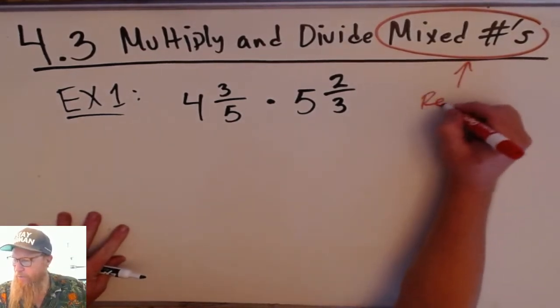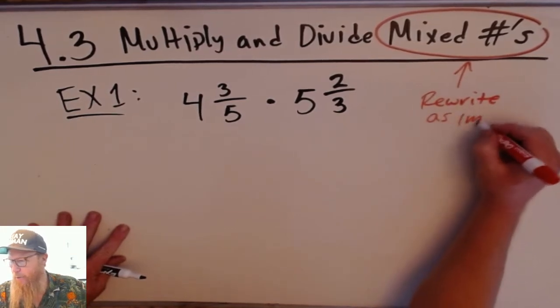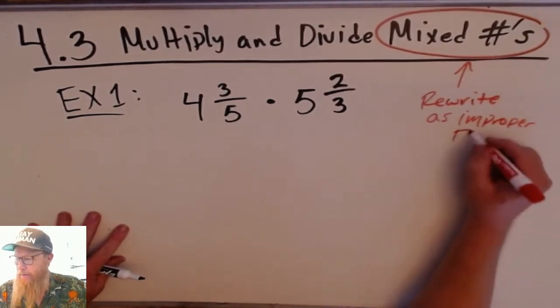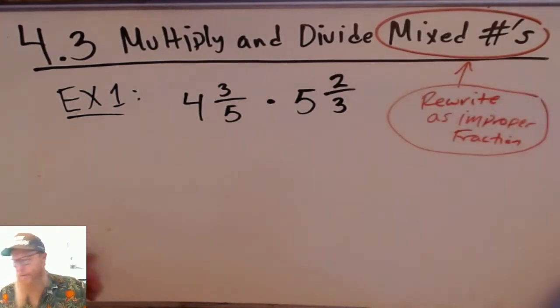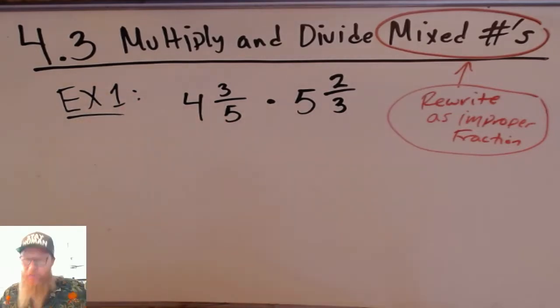You're always going to rewrite as an improper fraction. If you actually try to multiply these, you will more than likely make a mistake. I know that I would. I don't really know a very efficient way of doing it other than rewriting them as improper fractions.